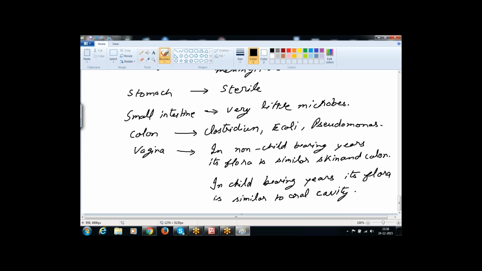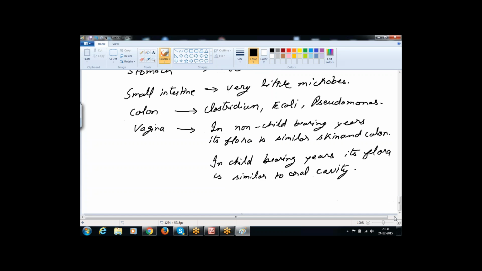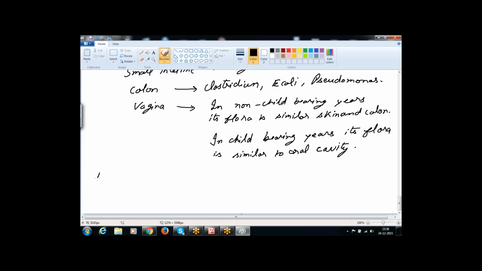Is that clear? Then we have two more definitions. First is primary pathogens. Firstly, you must know a pathogen is something which can cause pathology or which can cause disease.